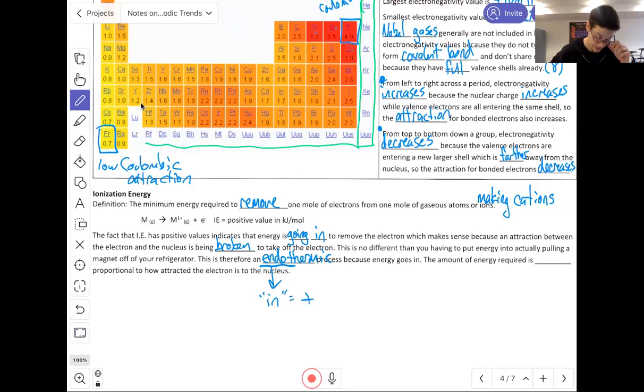Okay. So the amount of energy required is directly proportional to how attracted the electron is. So a direct relationship means more attraction is going to give us more energy required.